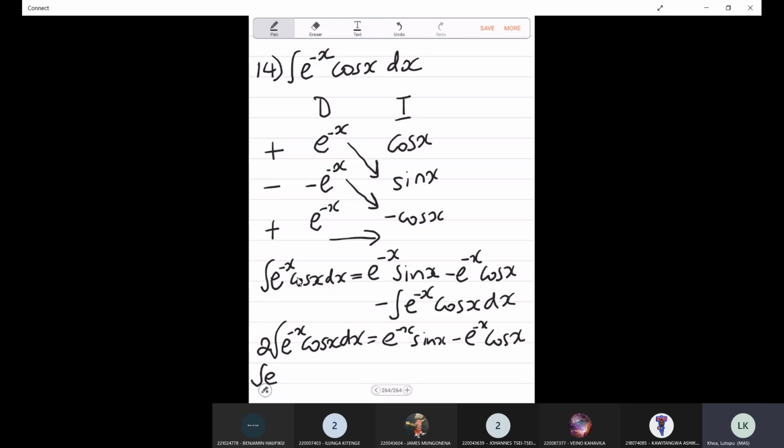So the integral of e to the power of minus x cos x dx is a half e to the power of minus x sine x minus a half e to the power of minus x cos x plus your constant of integration.